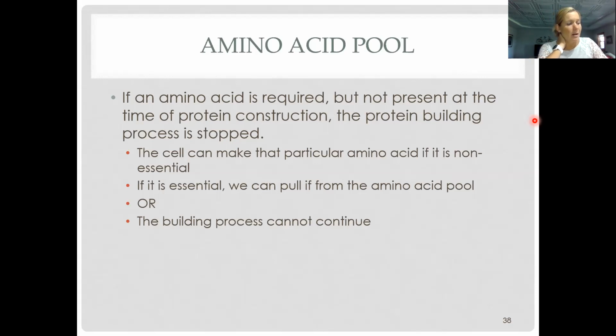Okay? So these amino acids from the pool can be used for a variety of things. They can be used to synthesize new structural proteins, enzymes, hormones. They can be metabolized for energy. As I mentioned, this amino acid pool is dynamic and ongoing.